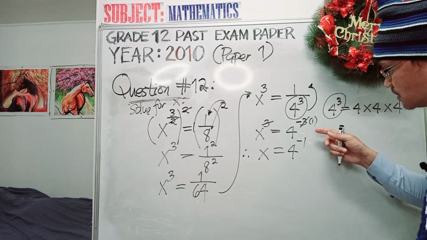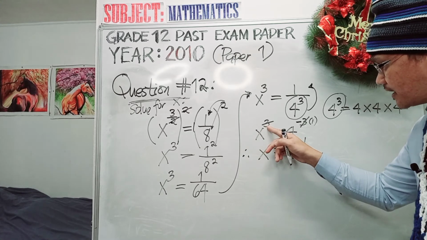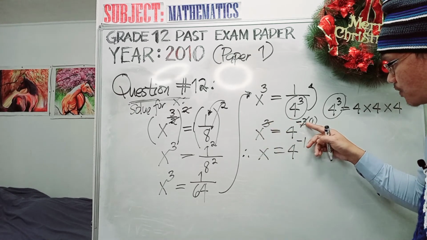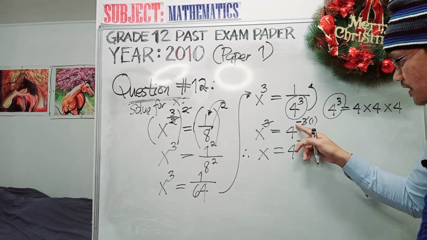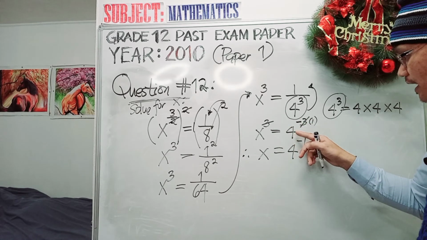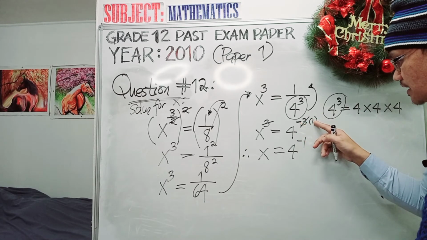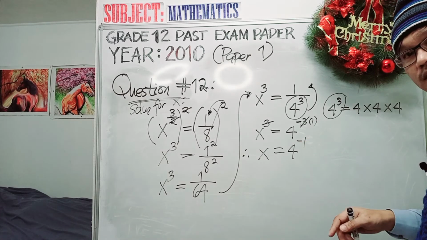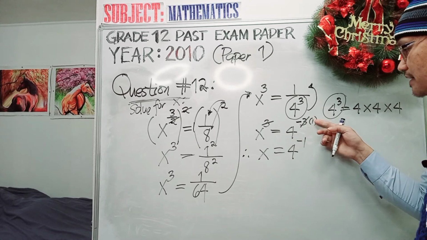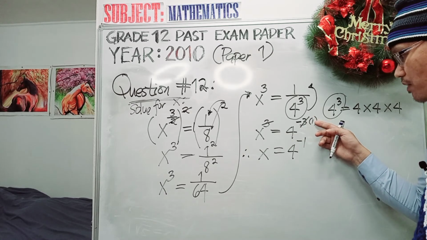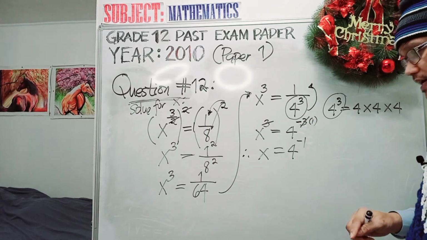Are you getting it now? Because the index 3 on the left side is positive, then we can cancel 3 but we cannot cancel the negative sign. So therefore, the term 4 has an index in which the sign of that index is negative 1. Any base that stands alone is understood to have an index or exponent or power of 1. But this one carries a negative sign.